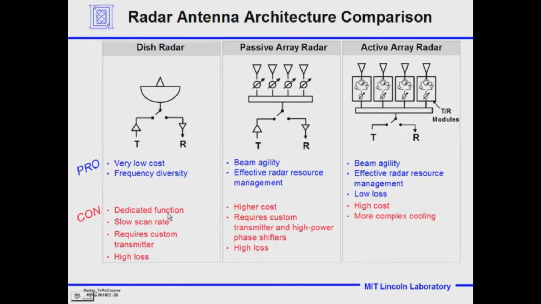The cons are they've got a dedicated function. They're going to do one target at a time pretty much. At least one angle they'll be pointing at. There may be within the range swath a number of targets, and they're going to have a slow scan rate. If you've got a target in front of you, right on bore sight, straight out, and then another target that's 30 degrees away, some of those big antennas have a huge amount of inertia.